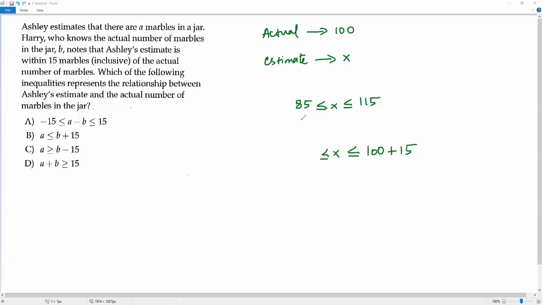And to know the minimum value of my estimation, I have to subtract 15 from the actual number of marbles, that is 100 minus 15. Now let's use this logic in our problem, but the actual number is not 100. I just assumed the actual number of marbles is 100 as an example. According to the question, the actual number of marbles is B. So we can replace this 100 by B.